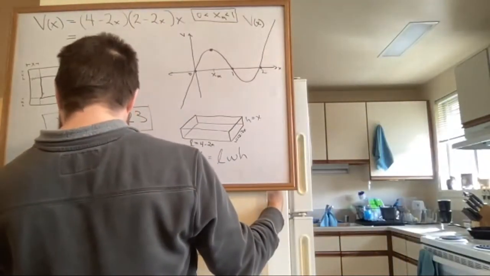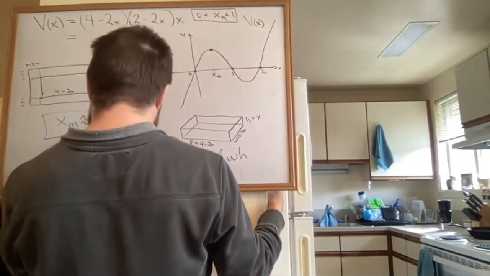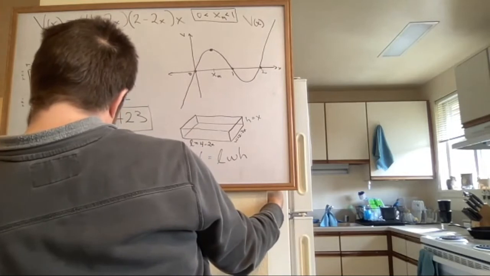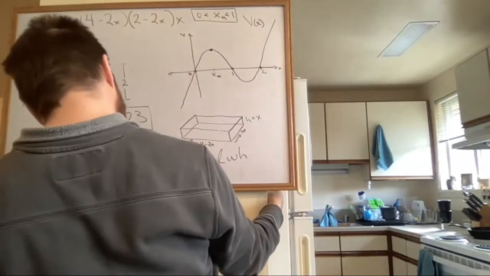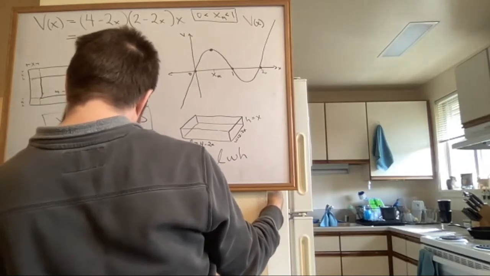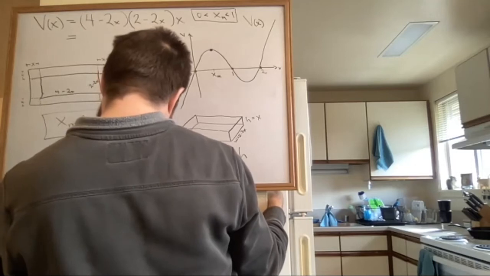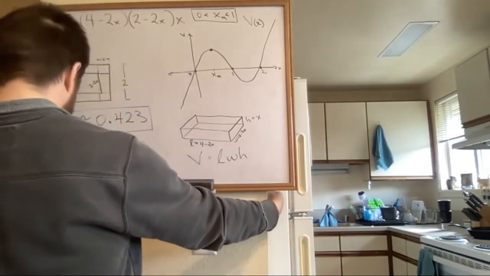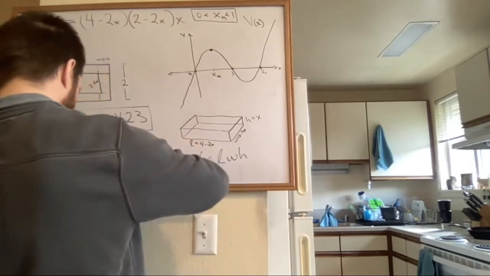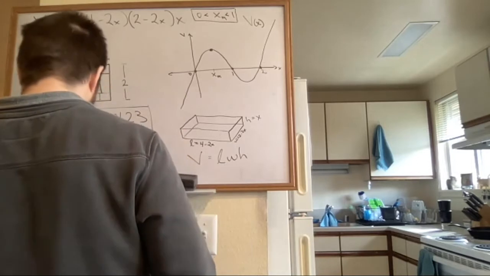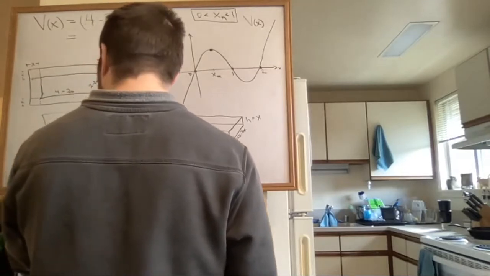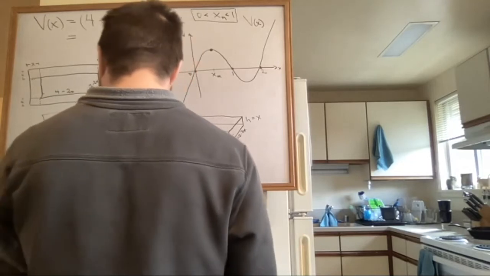So that's 4 minus 2x times 2 minus 2x, and then one more x. Let me know when you're done.